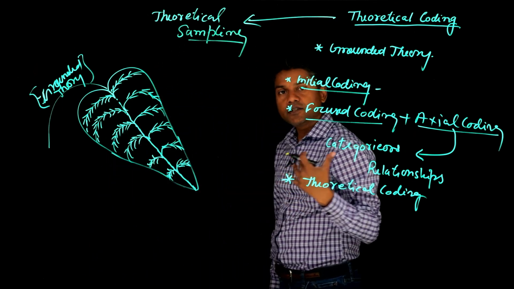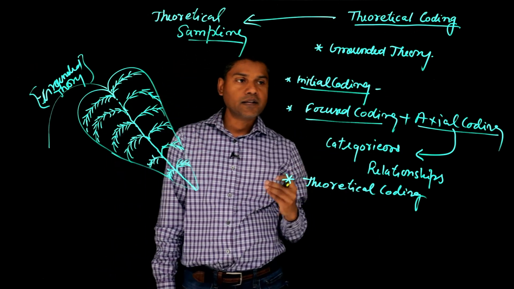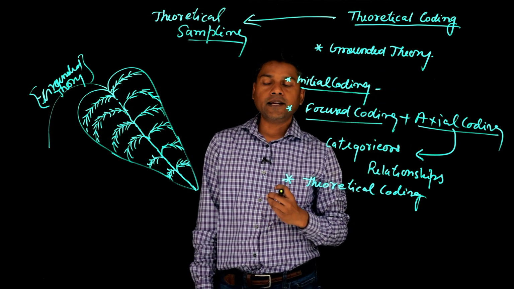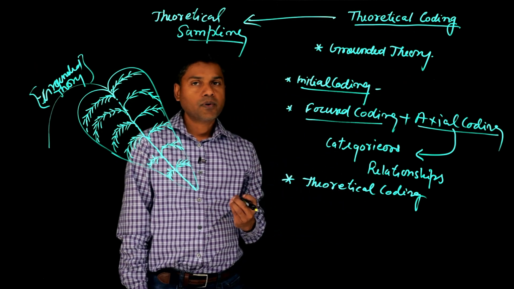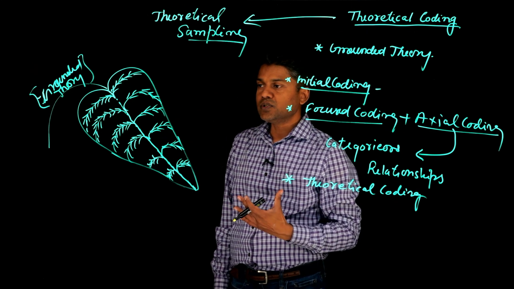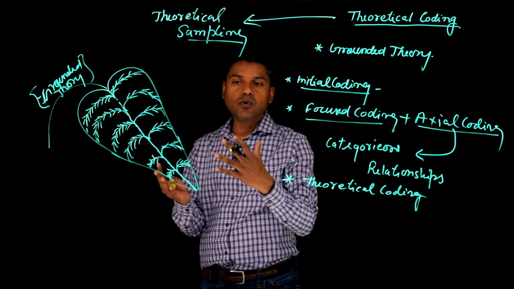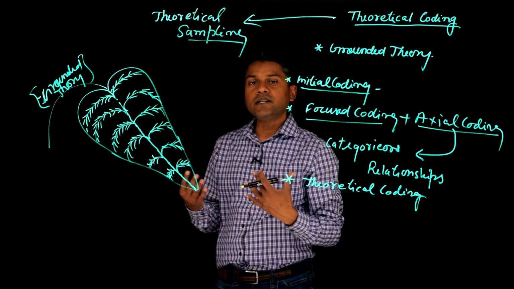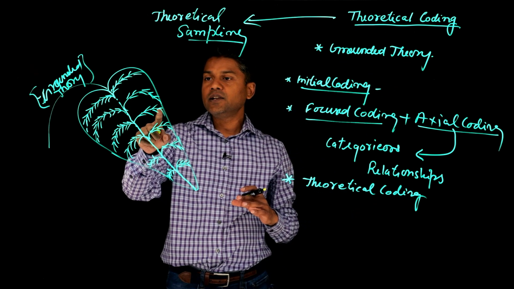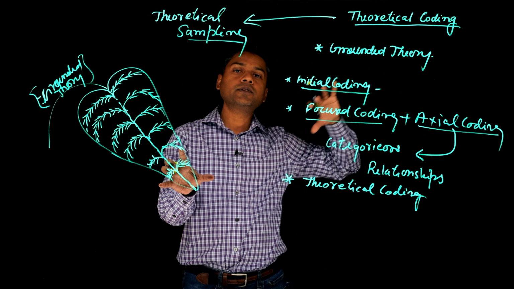So let's say I did some interviews, I coded those interviews, and then I analyzed the data and came up with my categories and all that. So based on the initial data, I developed tentative categories and also the relationships between those categories. So I have a tentative sort of categories and codes and a tentative theory. Now, based on these various categories, I need to refine them further.